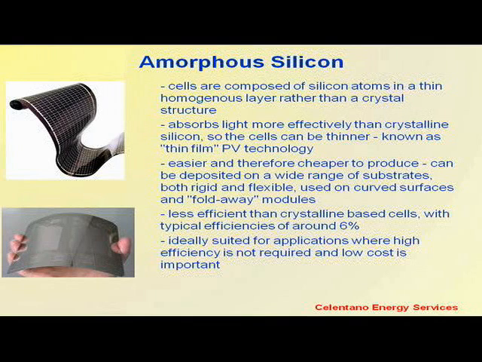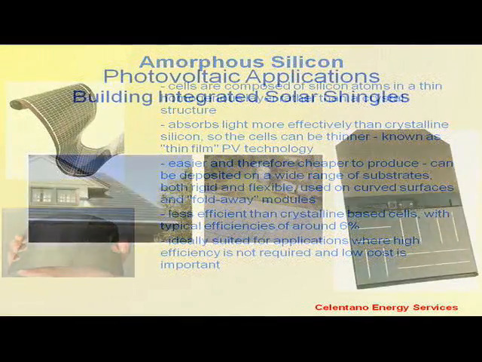They can be made translucent, and you can make solar windows where the solar cells remove only a small portion of the light, transform it into electricity, and the rest of the light gets into the room. Now here are some other applications.